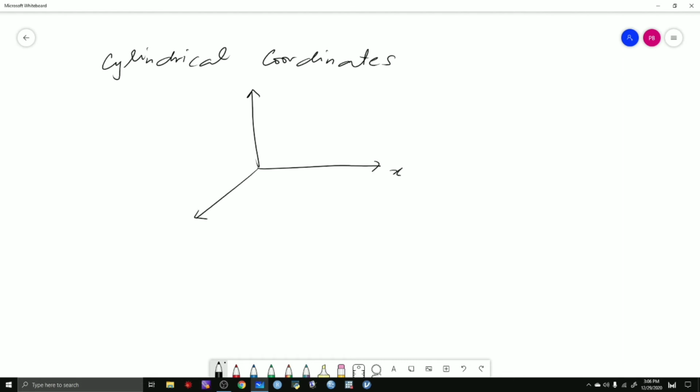So we have x, y, and z. So suppose we have a point here, P. Now in cylindrical coordinates, we draw a cylinder like this.